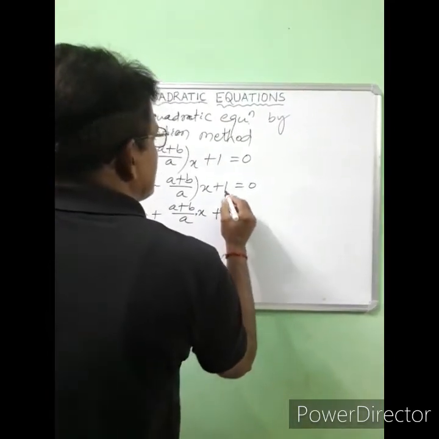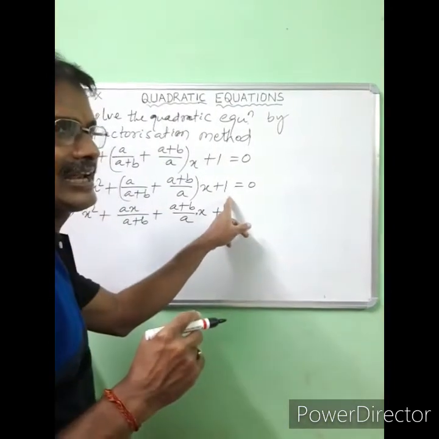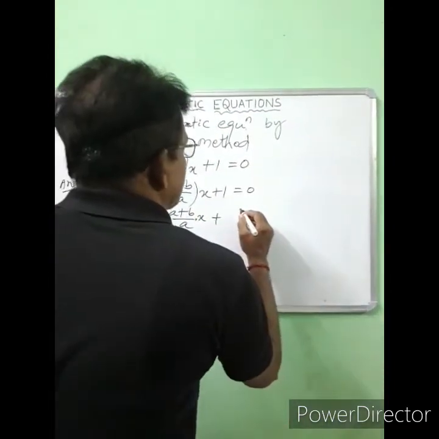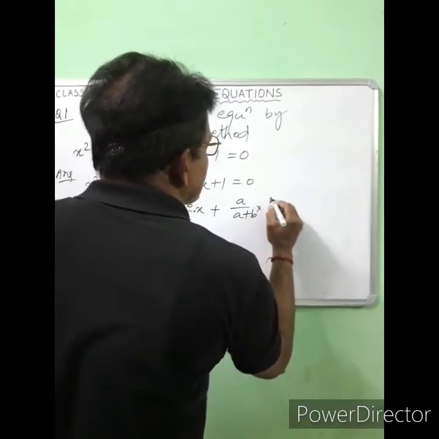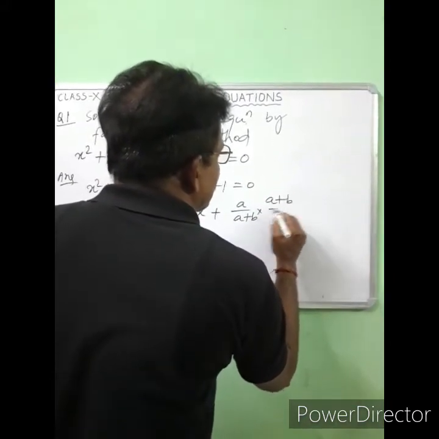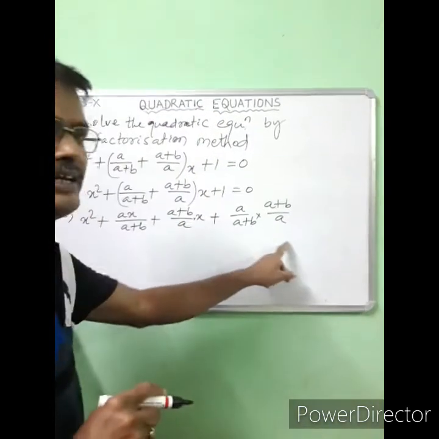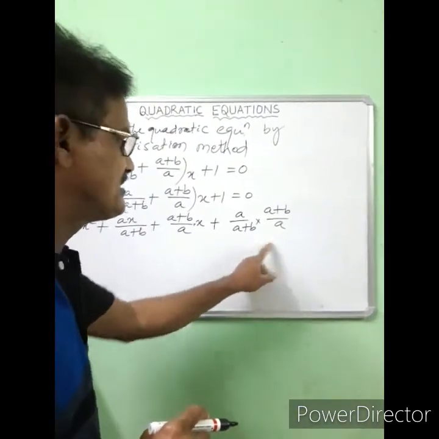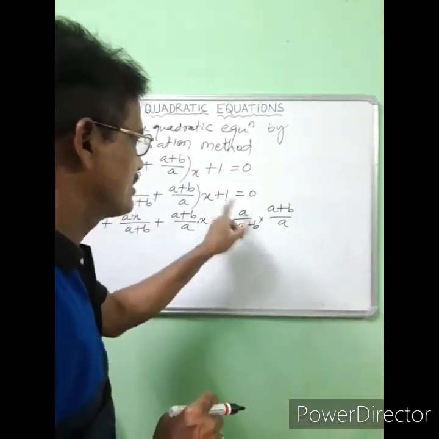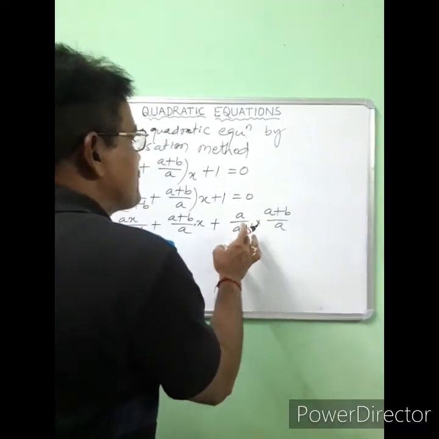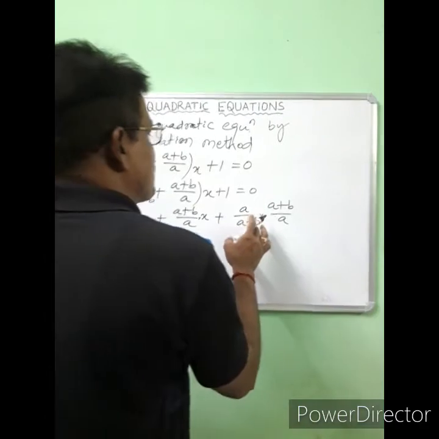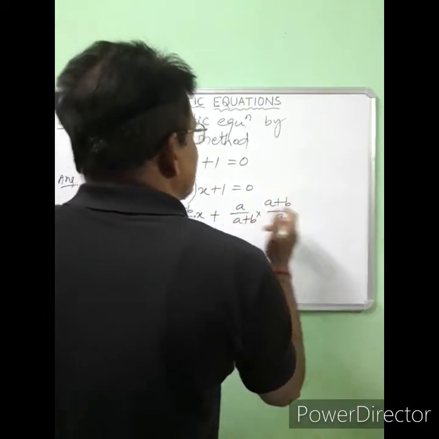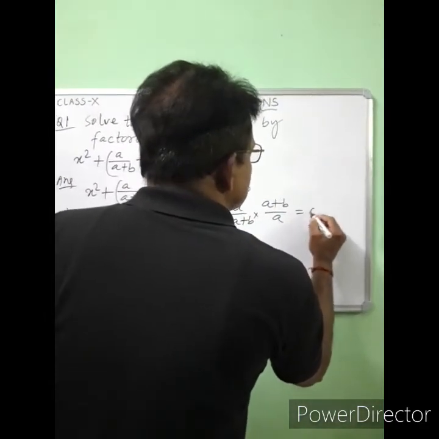Plus, we can write 1 as a by a plus b into a plus b by a. If you simplify it, a cancels, a plus b cancels, and the result is 1. So a by a plus b into a plus b by a is equal to 0.